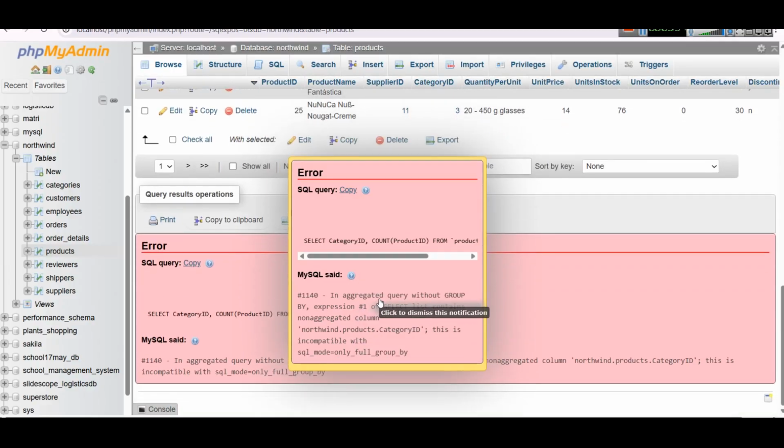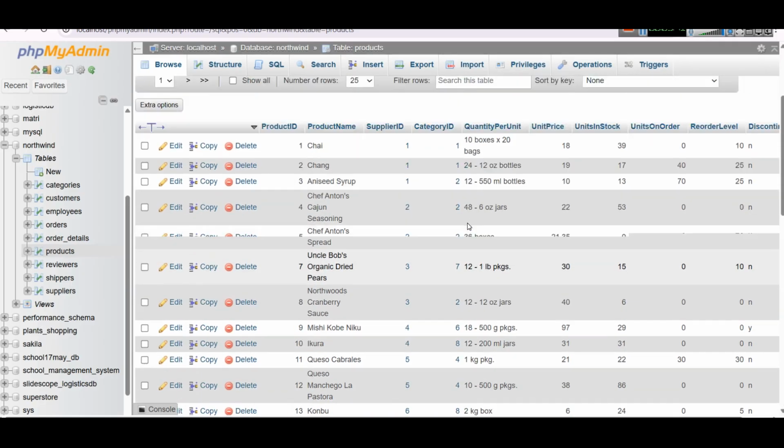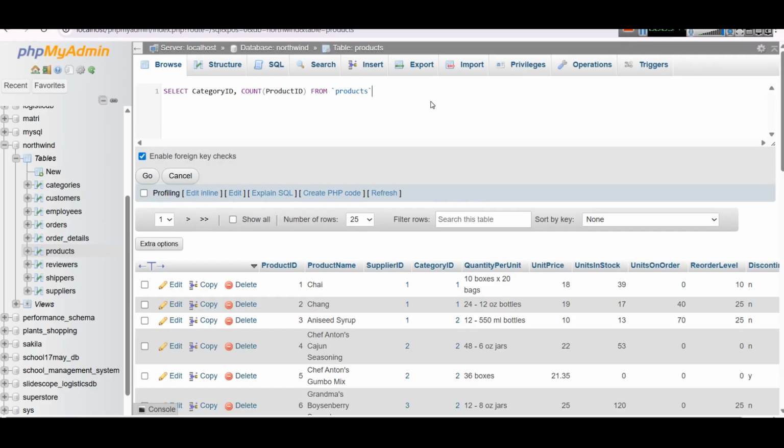You can see the error: aggregated query without group by expression. So now we will just write group by. What will we write in group by here?